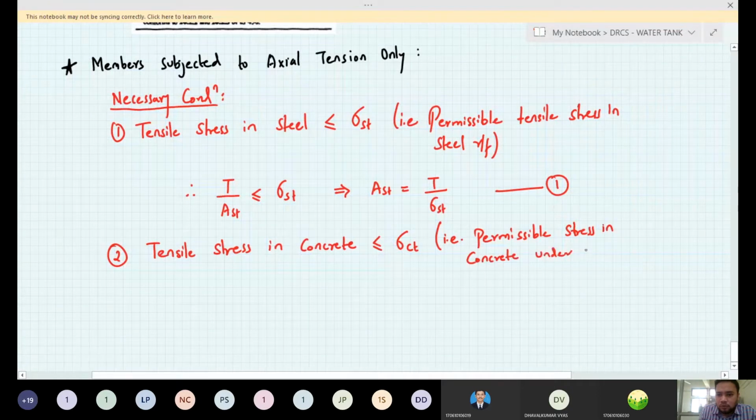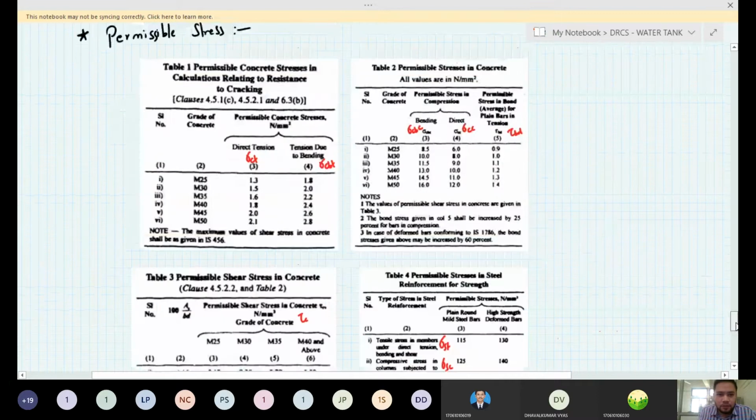For different grades of concrete we have different permissible values of stress in concrete due to direct tension.